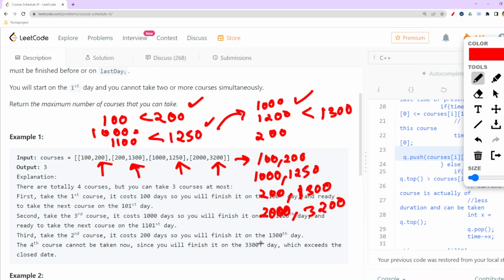But if we add up 2000 for the same, it becomes 3200... we are doing something wrong, I guess, okay, here it is one, I missed that. Here it was like this, so it becomes equal to 3300, which is not less than 3200, right? So that's why we can only take 3 courses, these 3 courses.